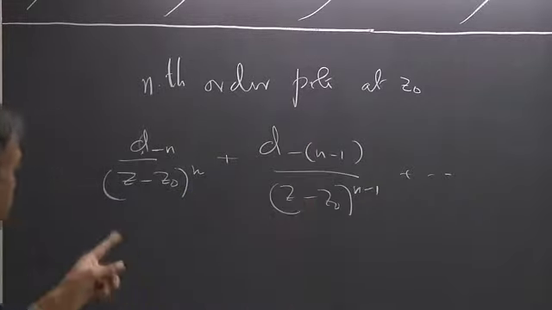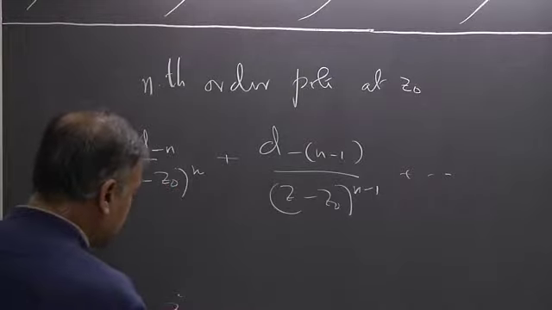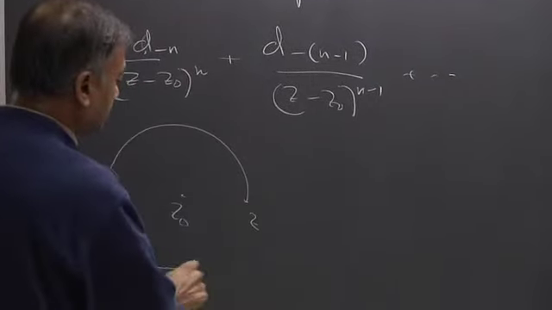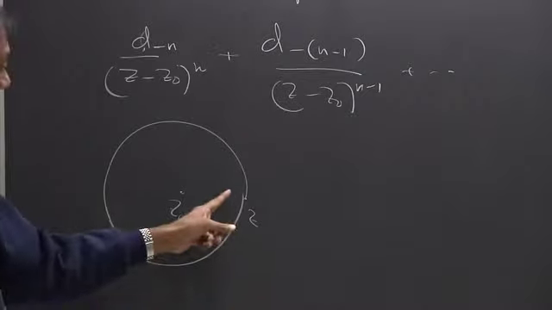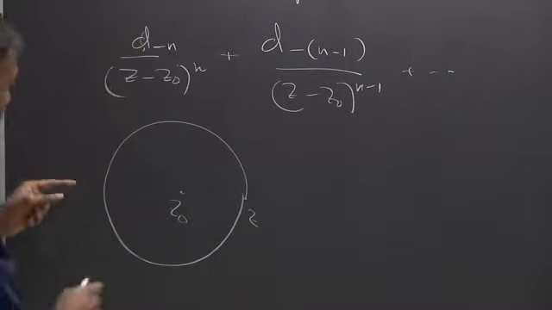But notice that all of these things are single valued. Suppose z naught is here and I take z here and move around in a circle and come back, it will come back to its original value. Because after all, what is this object? This is in polar coordinates.